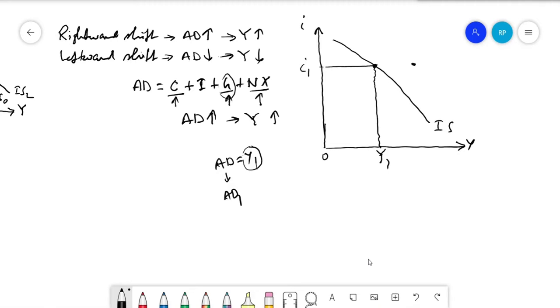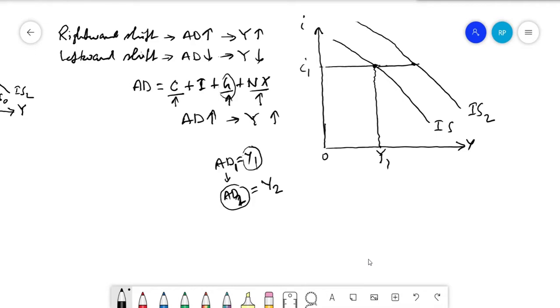So for a higher level of aggregate demand, there must be a higher level of output, say Y2, or if you say it is AD1, it's AD2 you can say. Then only it will be at equilibrium. So if any of these components increases, other than the lending rate of interest, then your IS curve will shift rightward like this, which is known as IS2 you can say.